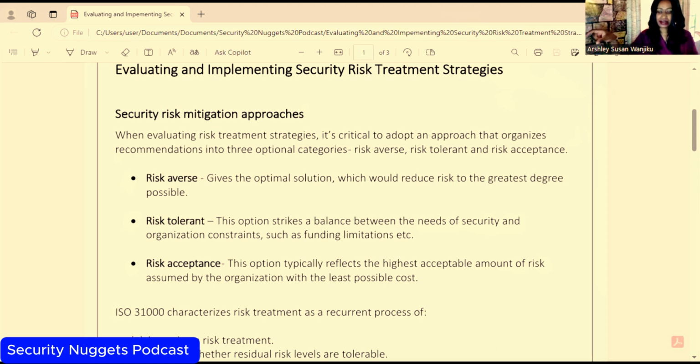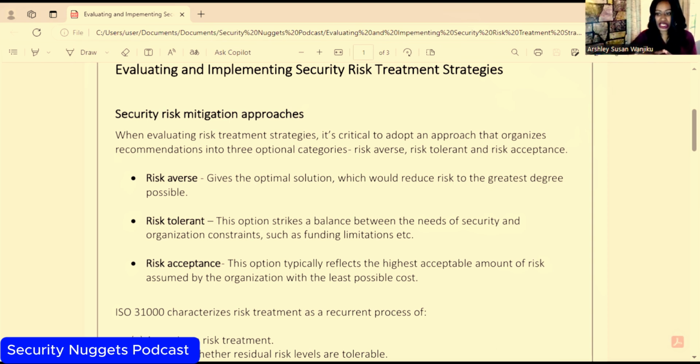So the risk should not be greater while the cost is lower. The cost should balance with the extent of the risk. And the cost should not be higher than the potential risk implication, okay? That doesn't make any business sense. So there should be that balance, okay?